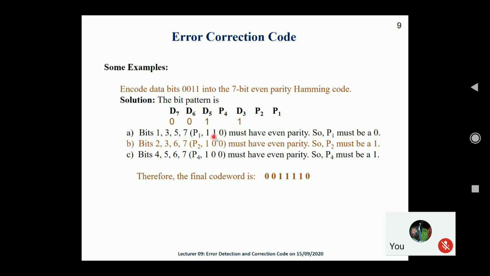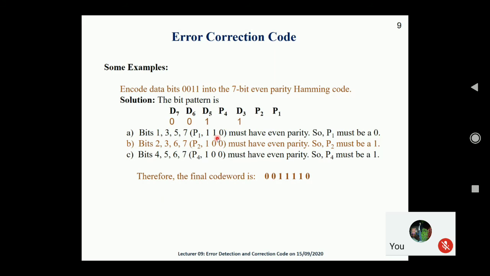And D7 is 0, so here I write 0. So how many ones occur? Based on the even parity concept, 2 ones occur. 2 is even, so P1 must be 0. If P1 were 1, it would not be even parity, it would be odd parity, because the number of ones would be 3. But if P1 is 0, we maintain an even number of 1s.